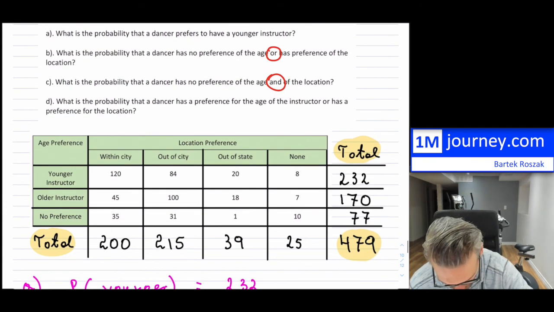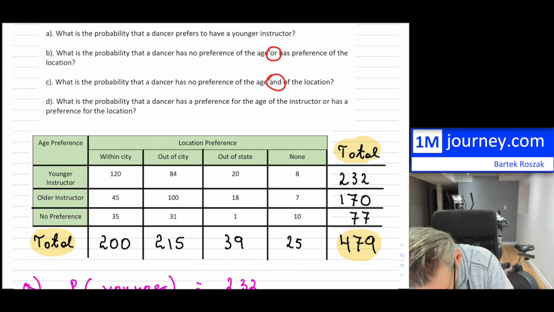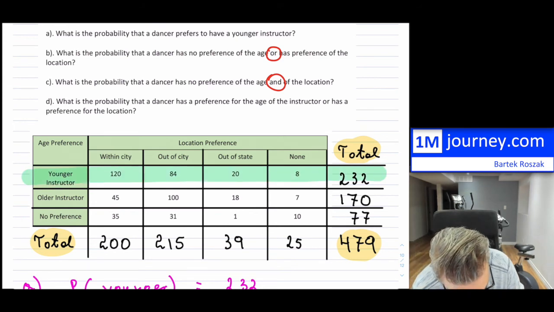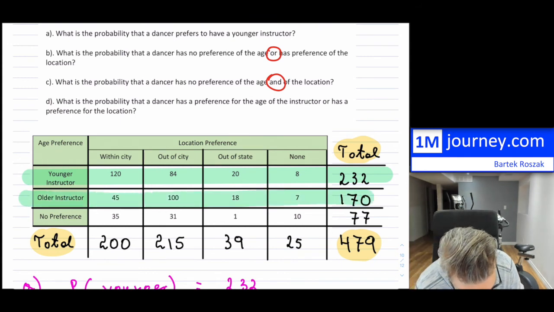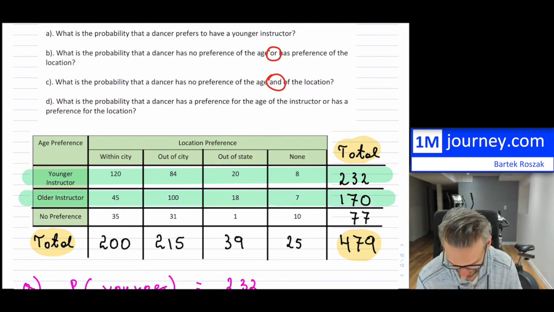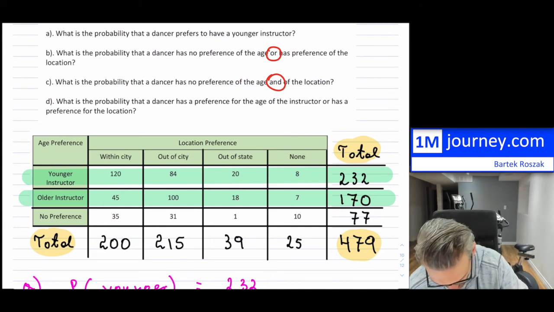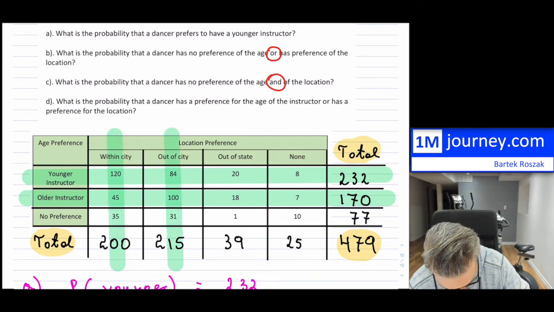So has a preference for the age, so that's these two. And then "or" has a preference for the location. So that's this one, preference of the location, and this one.